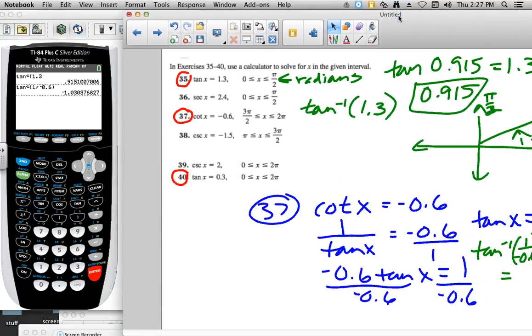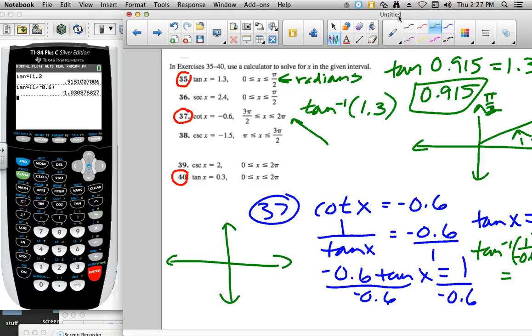Well, that is definitely not between 3 pi over 2 and 2 pi. So I started thinking, how can I give them what they want here? Well, if we have a negative 1.03 blah, blah, blah, that's down here. So it is in that interval, but they don't want it negative.